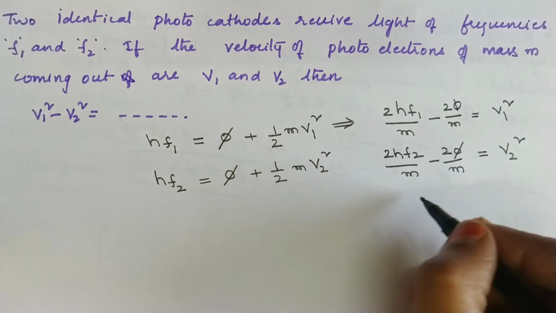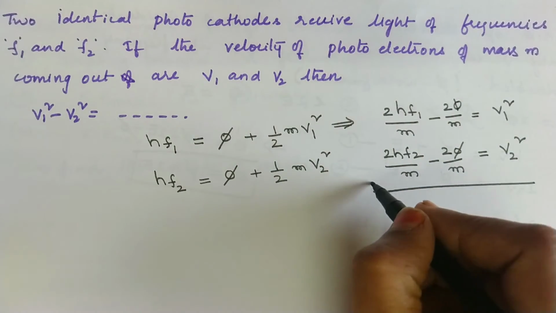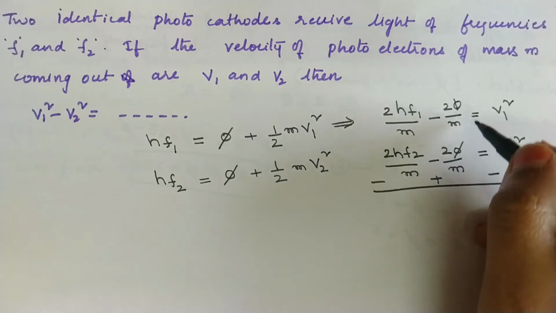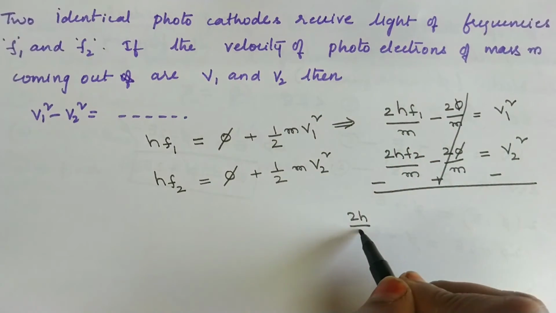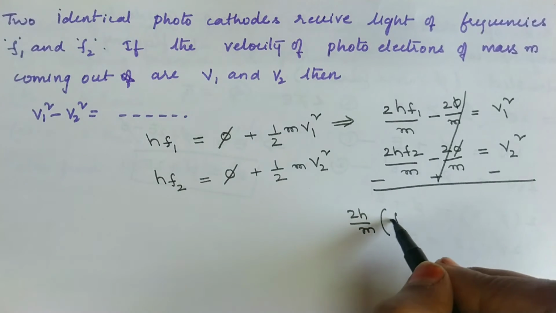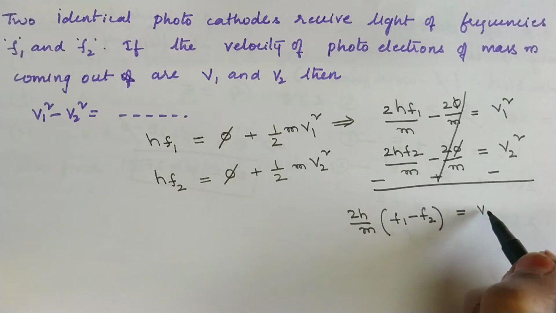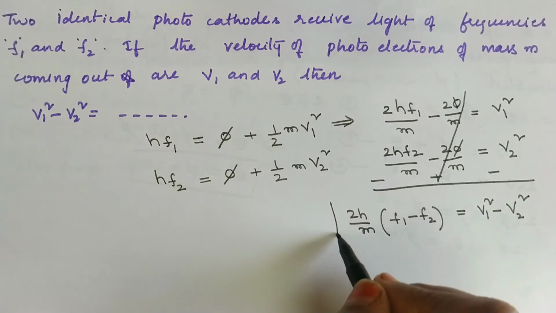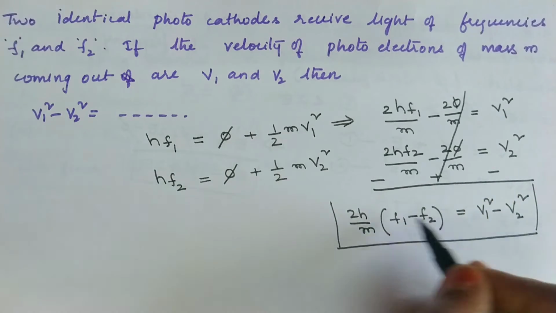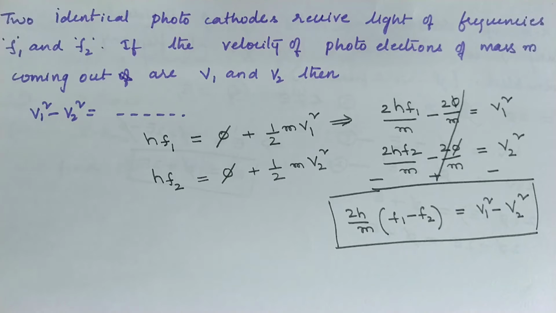Since we want v1 square minus v2 square, subtract the two relations. This is minus, plus and minus. This term will get cancelled. So 2h by m into f1 minus f2 gives you v1 square minus v2 square. So this is your required equation for v1 square minus v2 square, where v1 and v2 are the maximum velocity of electrons coming out.